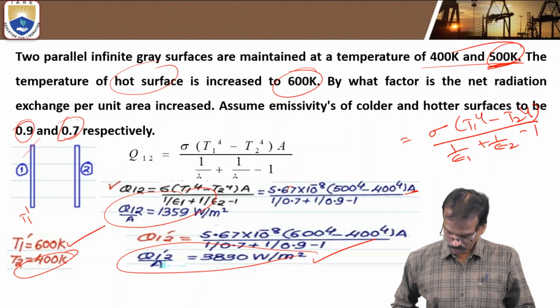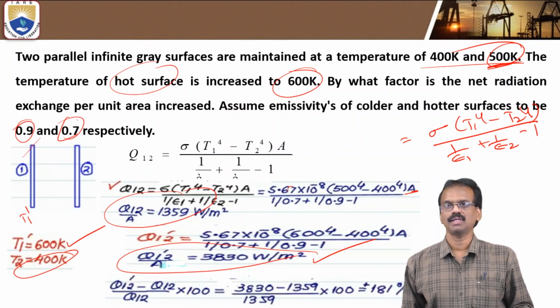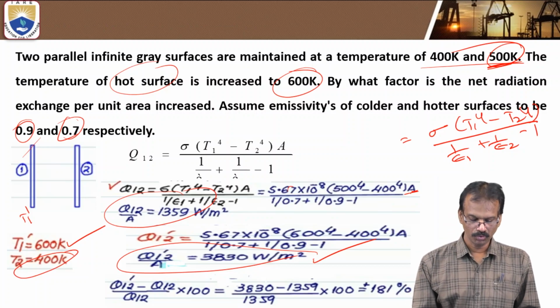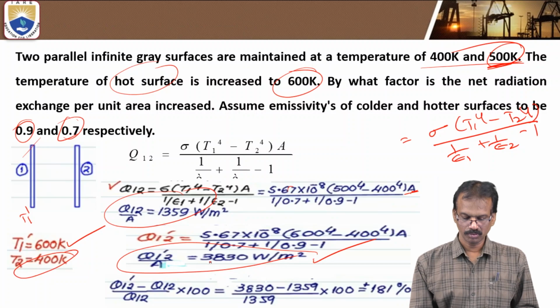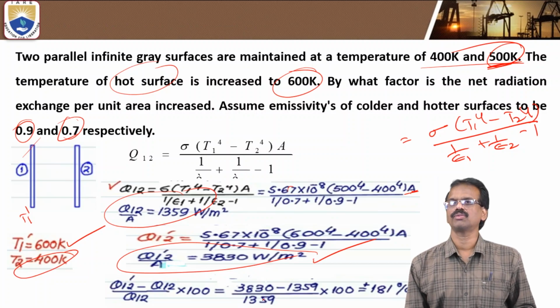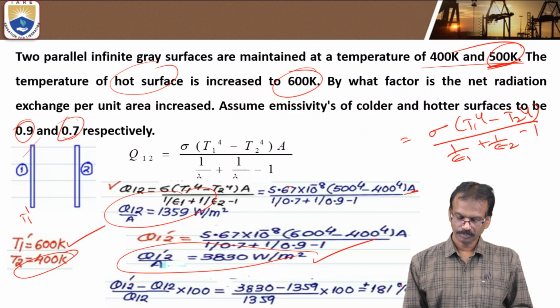Then we'll see the percentage increase: (Q1 dash minus Q1) by Q1 into 100. It means (3830 minus 1359) by 1359 into 100, so it is nearly 18%.